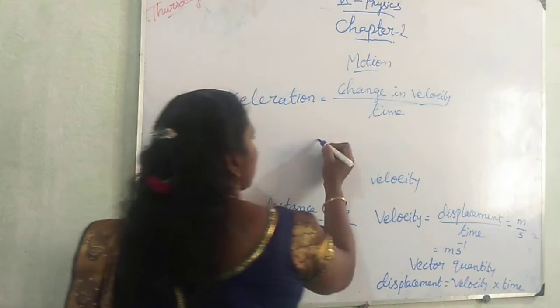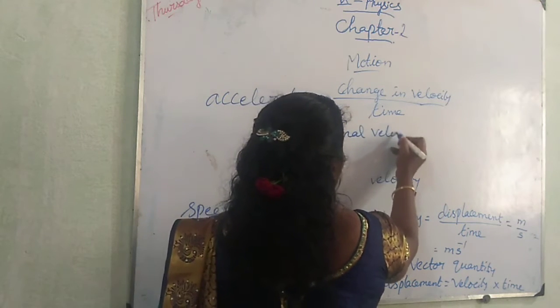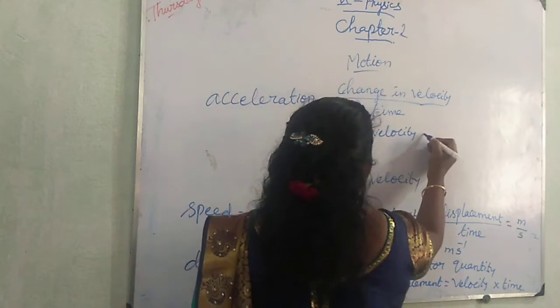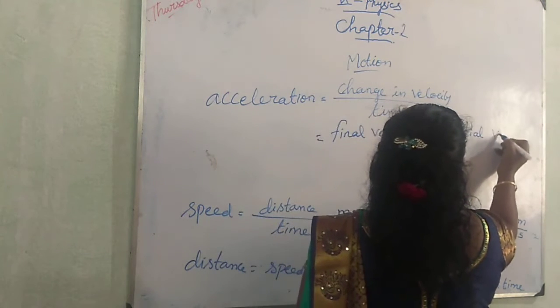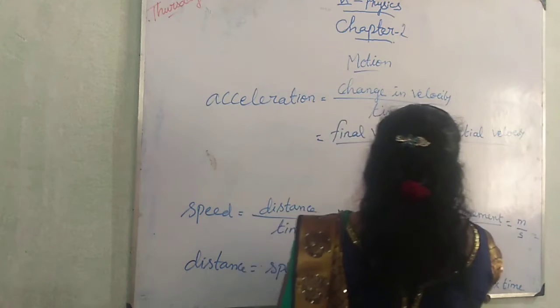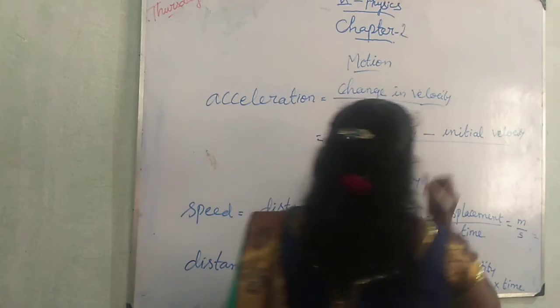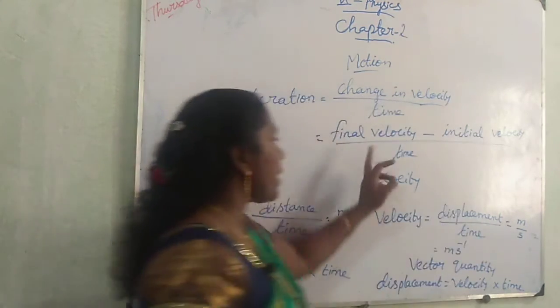Now in this change in velocity, we have to write final velocity minus initial velocity divided by time.